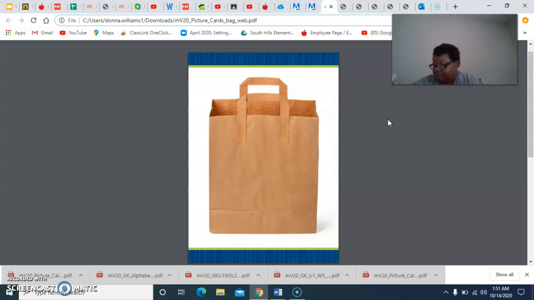Okay, next pictures that I have, we have book, apple, bear. Which of those has the B sound? Just like bag, bat.